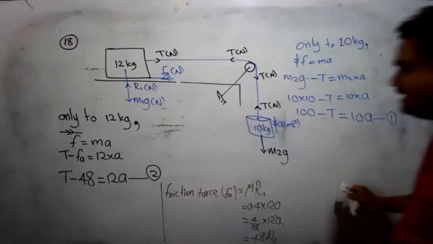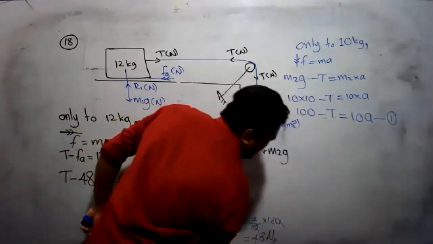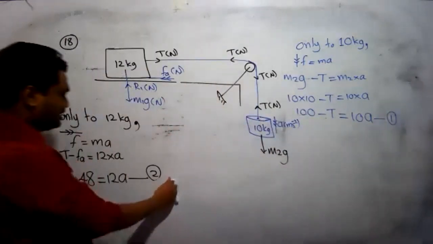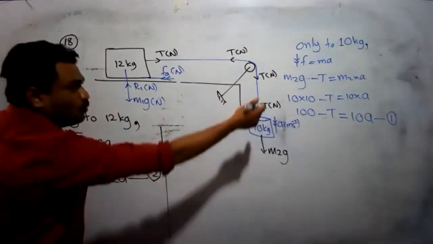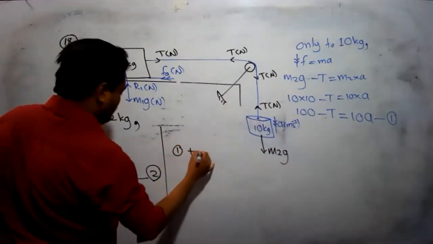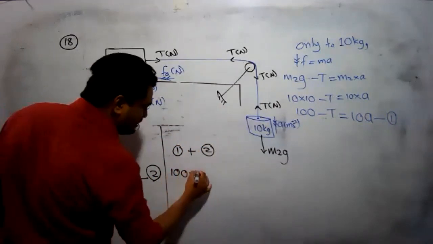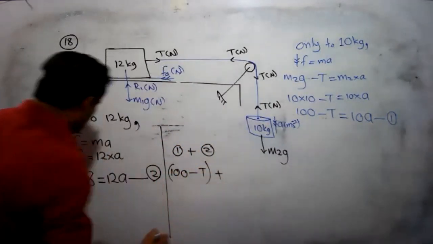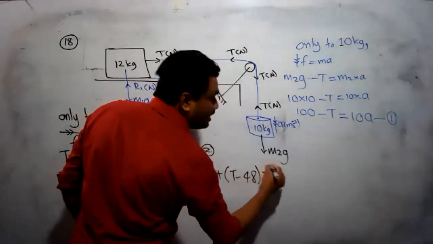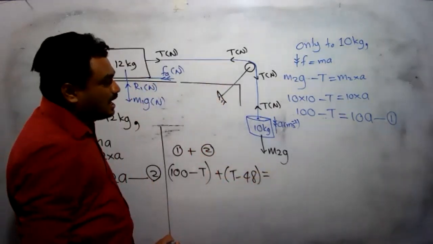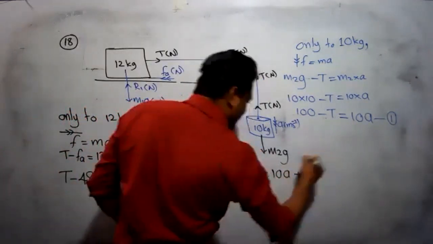The easiest way to find the acceleration is just adding equations 1 and 2. If you add 1 and 2, the first equation 100 minus T, the second equation T minus 48, equals the first one 10A, the second one 12A.